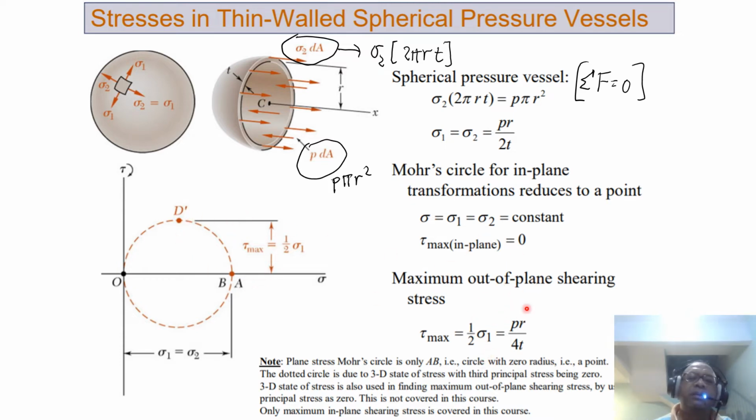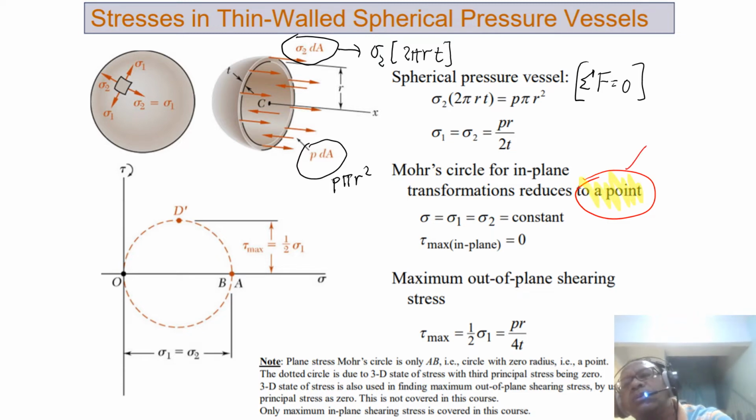This is out of plane, which we do not cover. So basically what we have is a point, not even a circle.